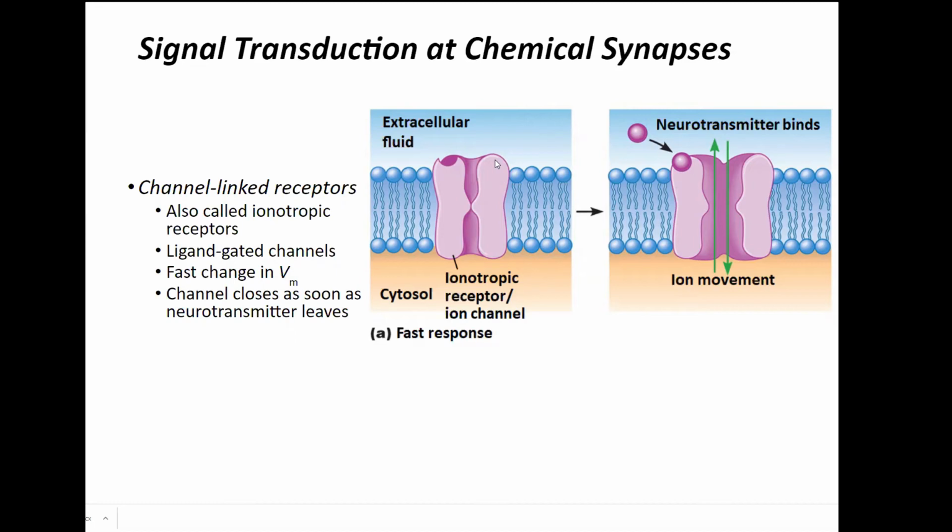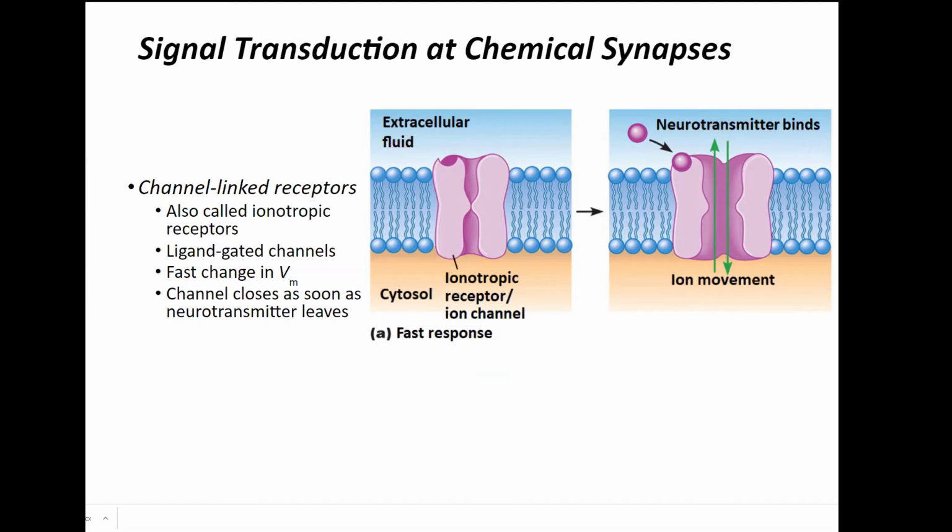So this quickly changes the membrane potential in our postsynaptic cell, because ions diffusing from extracellular fluid in the synaptic cleft to the intracellular fluid in the cytoplasm is fast. And when you have a channel open, that's just a fast process because our ions move down their electrochemical gradients.